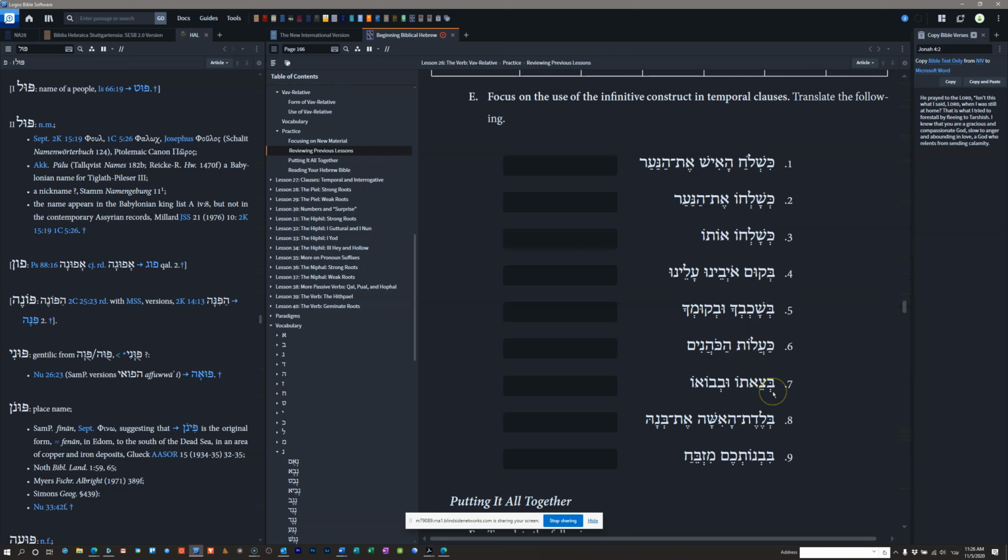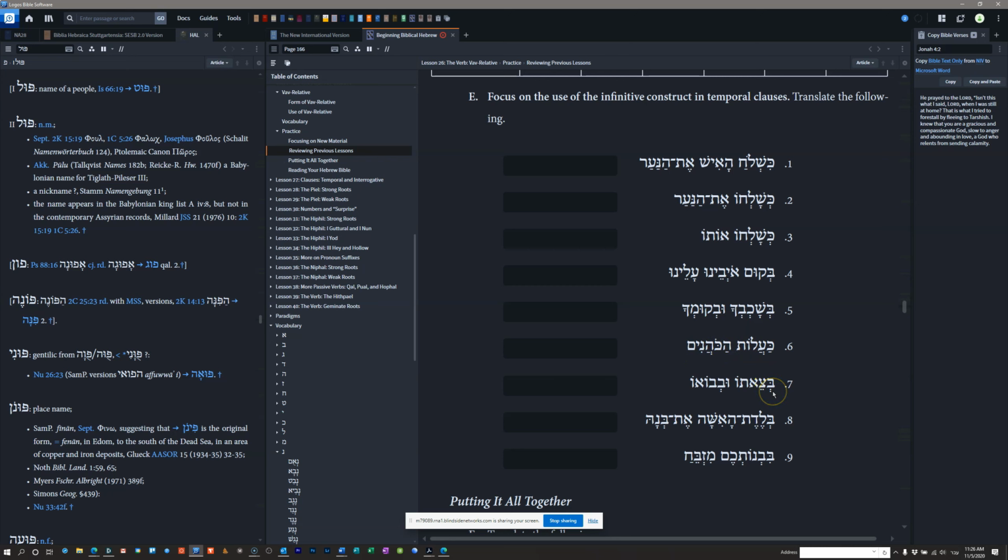Number 8, ledet is from yalad, so beget. When to give birth the woman. When the woman gives birth to her son. This is ben with the feminine hay suffix, her. So benach is going to be her son.